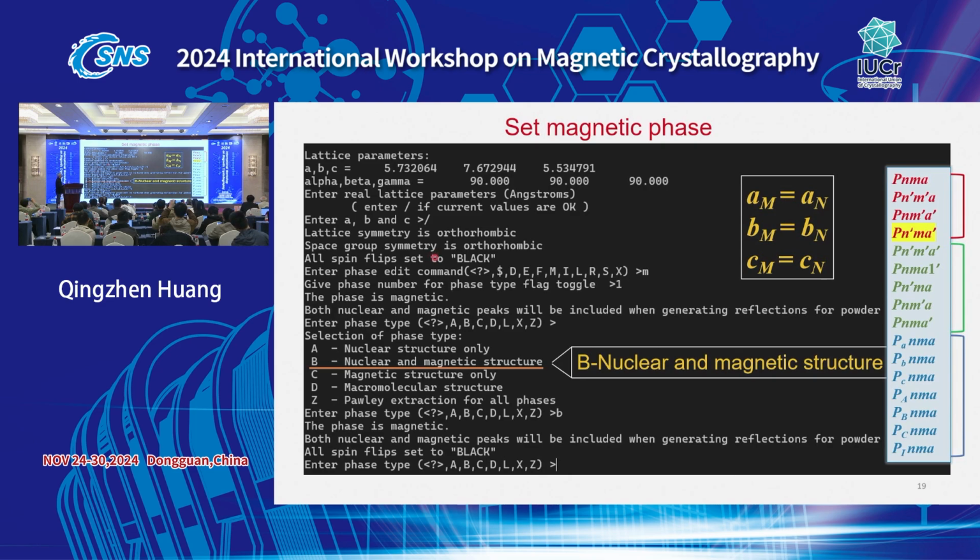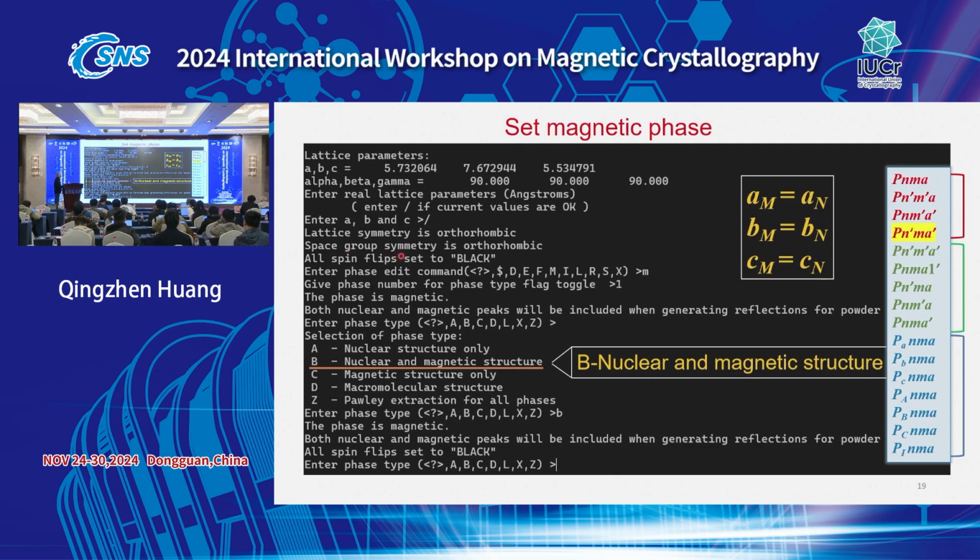When you go to set lattice, you can see the nuclear lattice, and do not change that. You also need to set magnetic.